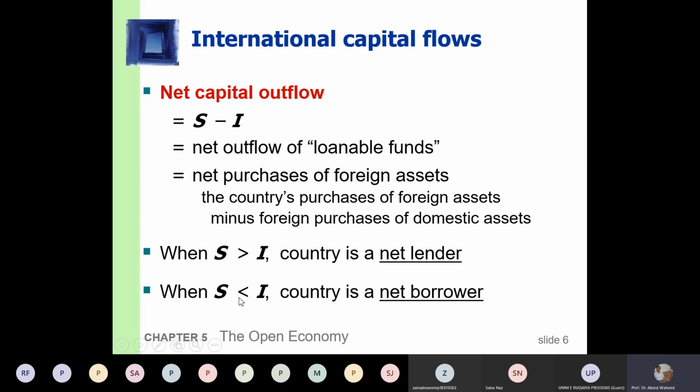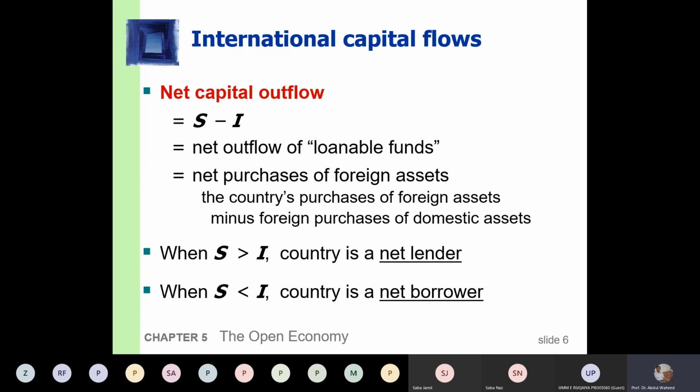And when your saving is less than investment, then the country is a net borrower. Because if your saving is not enough to finance domestic investment, then you can borrow from foreign countries. So then you would be a net borrower. What would be the situation in the case of Pakistan?